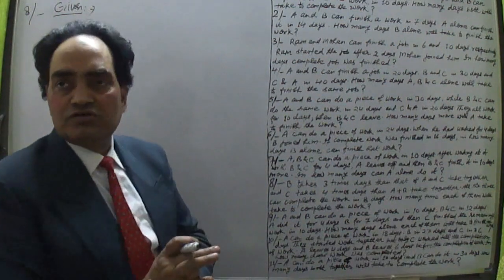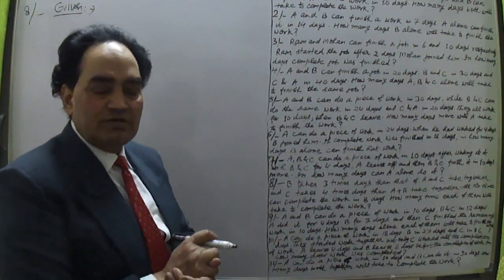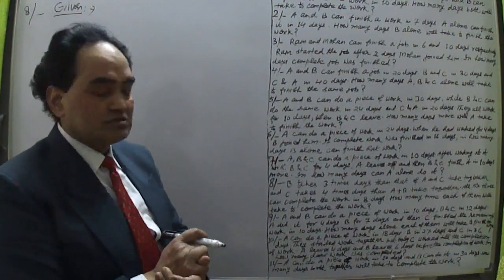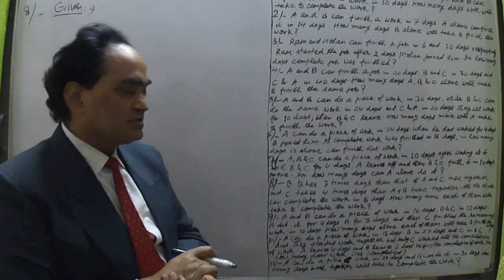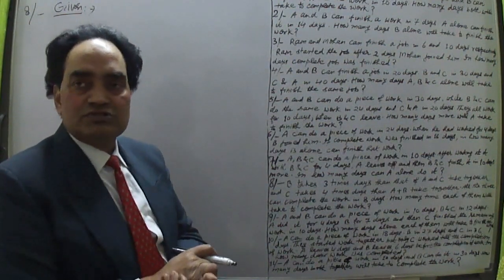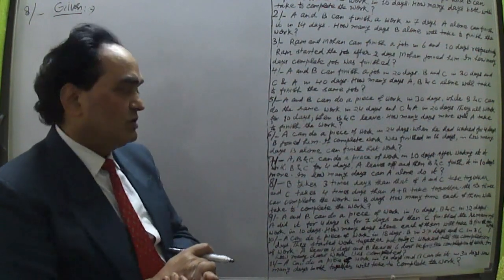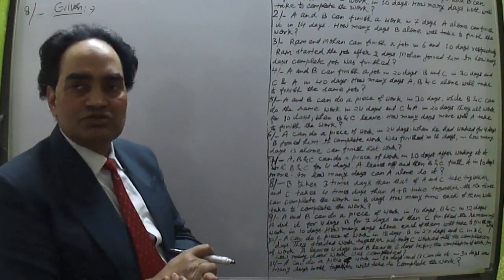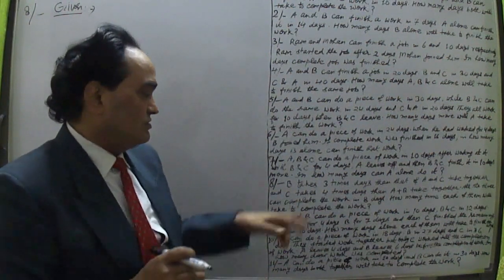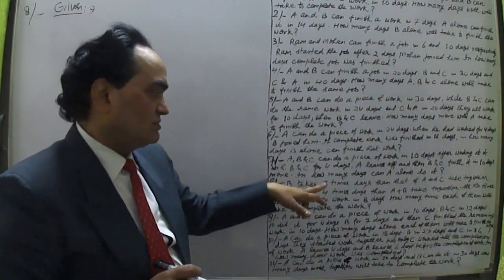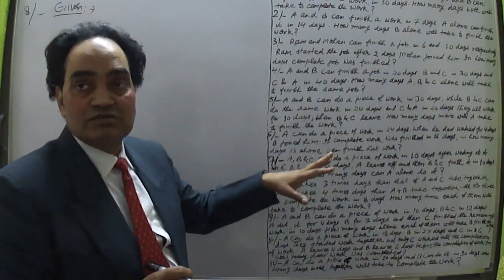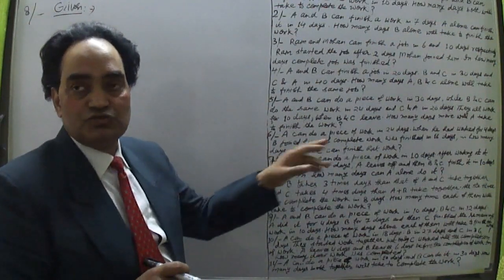Now it says that all three together can complete the whole work in 8 days. This is given to us. Then it says that B takes 3 times as many days as A and C together. So the ratio of B's work and A plus C's work is 1:3.